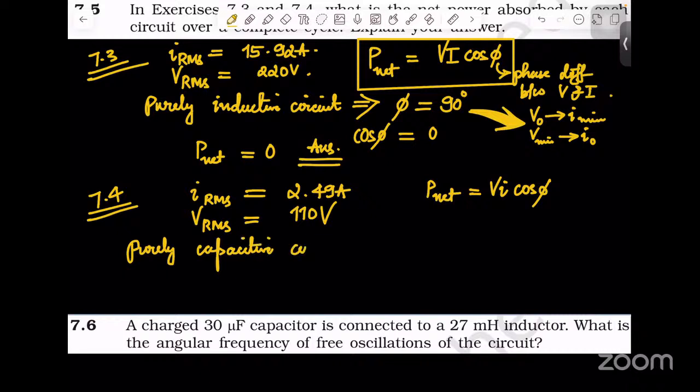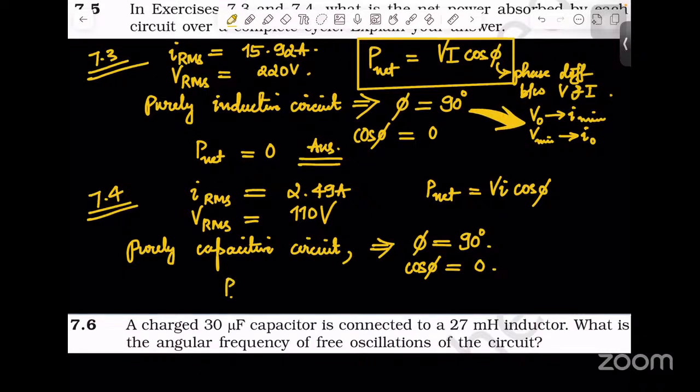In this case the phase difference between the potential and the current is again 90 degrees. So cos phi is now 0, and hence the net power consumed will again be 0. That's the answer.